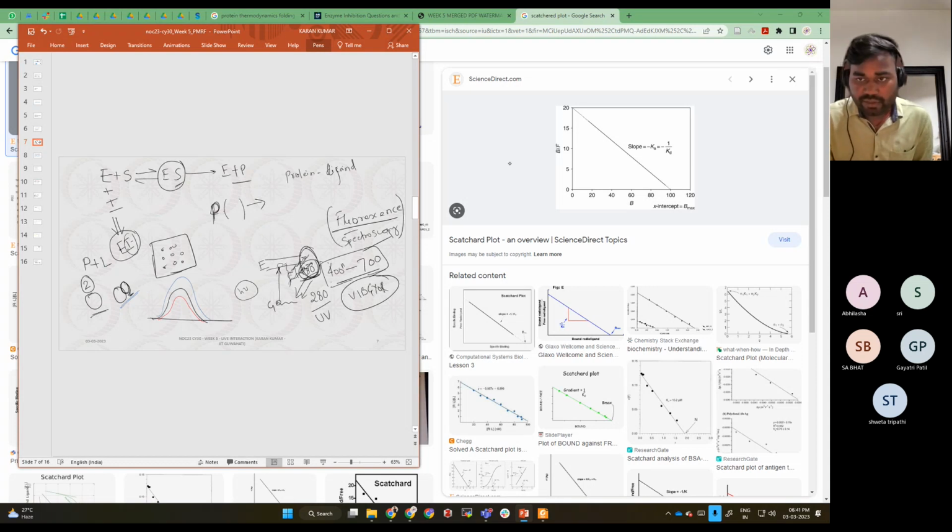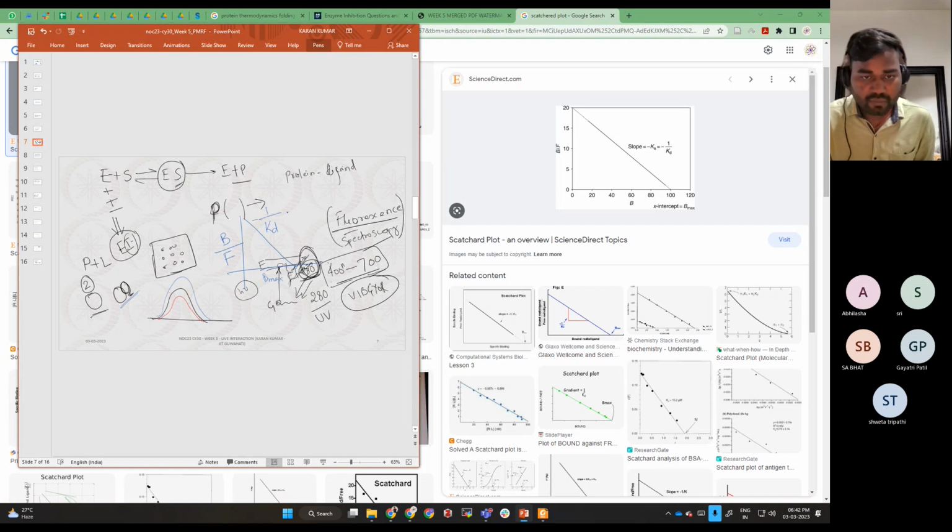So here on the y-axis, what you observe is the bound residues divided by the free residues. On the x-axis you get how much fluorescence you are getting, B max. Okay, so the scatter plot is the inverse of this, and you will see KD, the dissociation constant, and in the plot it will be the inverse of KD.